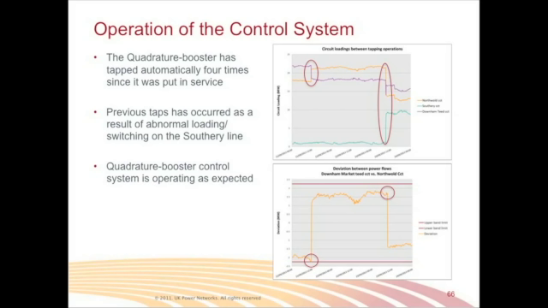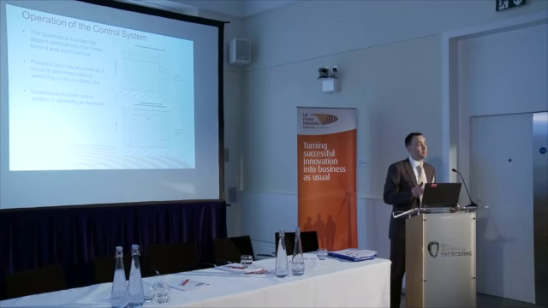Moving on, just to give you an illustration of the operation of the control system. As I mentioned, there have been 4 tapping occurrences, both up and then back down again. In the top graph is the power flow through the 3 circuits.